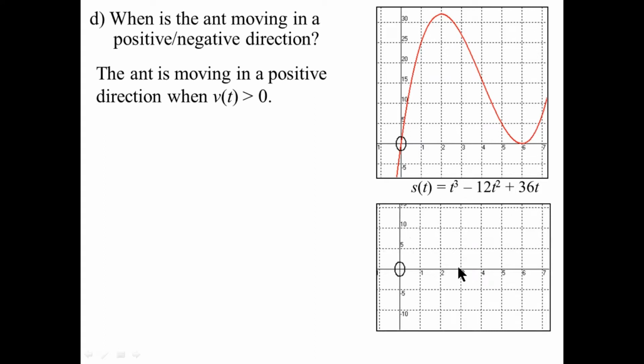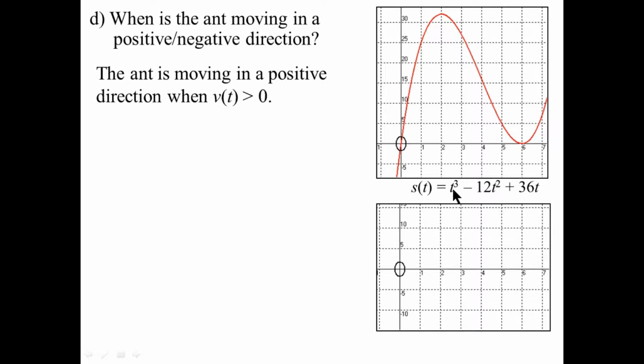I've made a corresponding grid down here on which we'll put the velocity function. Note, this is an upward-facing cubic. It's going off to infinity, to the right. And we know that its derivative will therefore be an upward-facing parabola, because the derivative of a cubic is a parabola.